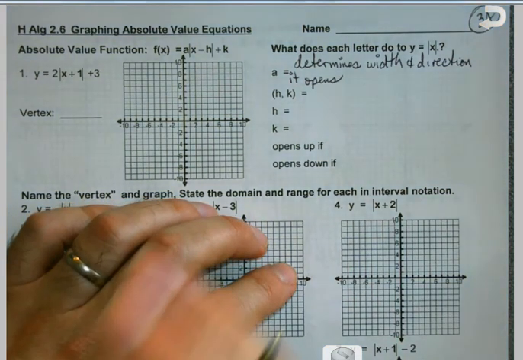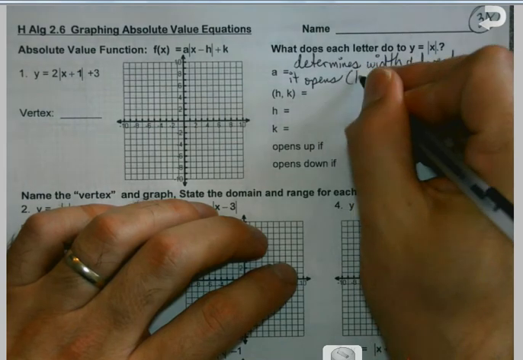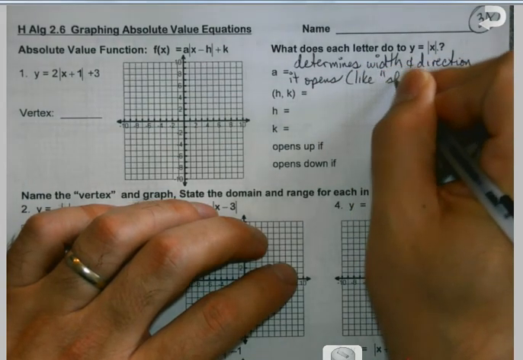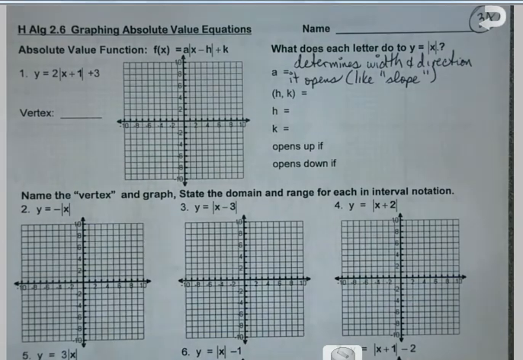I'm not comfortable calling this slope, but it's kind of like slope. So if that kind of helps you see, I'll put the slope in quotes here, because it does tell us if it opens up or down, how steep it's going to be, things like that. But I don't just want to flat call it slope, because that would drive me crazy. But if you want to look at it that way, you can. So that number in front will tell me that.